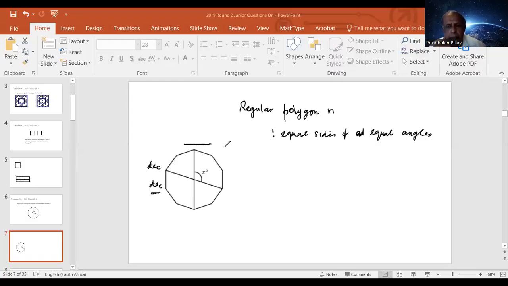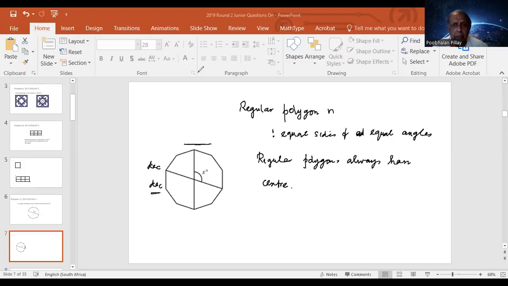Now, what's interesting about regular polygons is that regular polygons always have centers. This need not be true for polygons which are not regular.